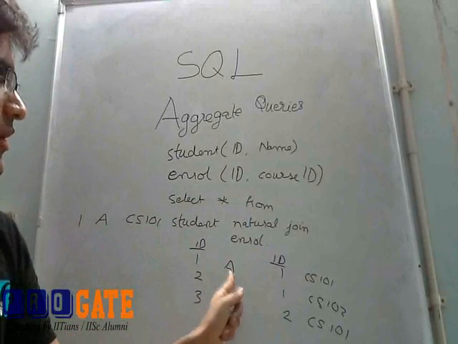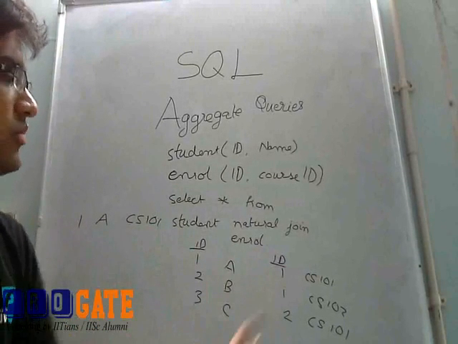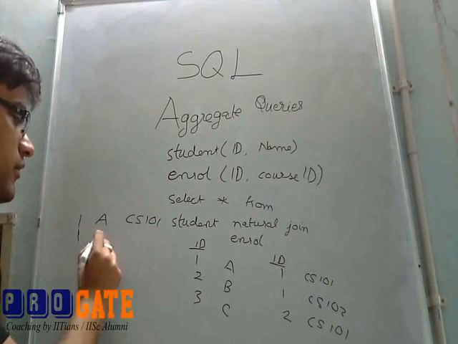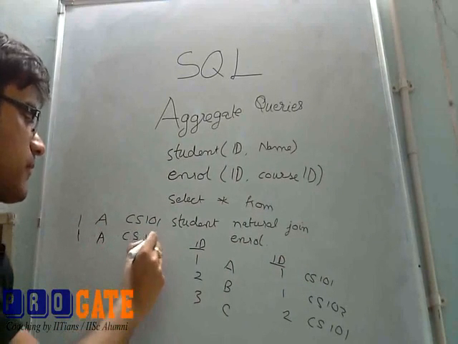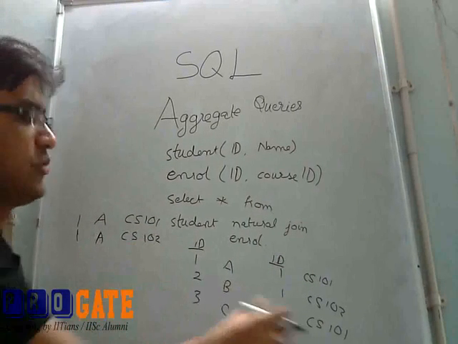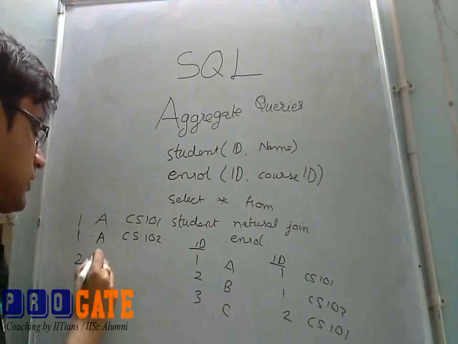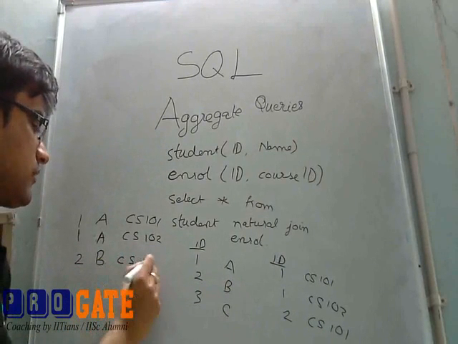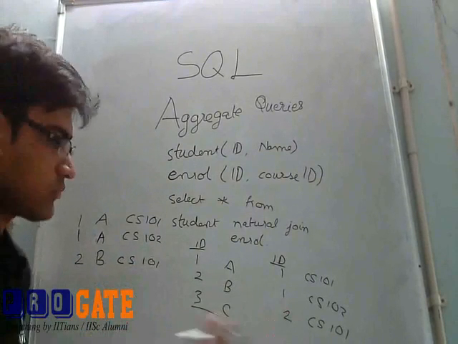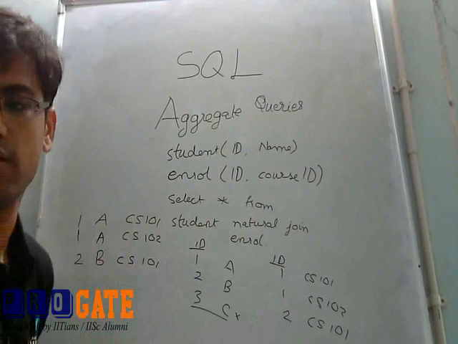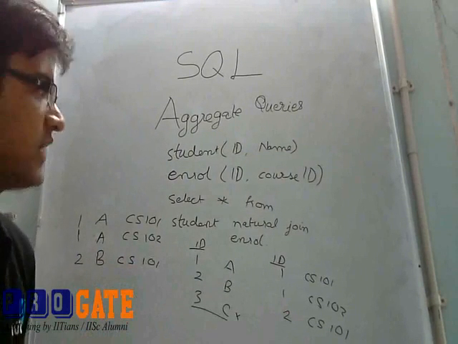So this value is present in two rows, so this will be selected twice. And similarly, this value is present once, so this will be selected only once. And since this value is not present in this table, this value will not appear in the output. So this is a natural join operation.